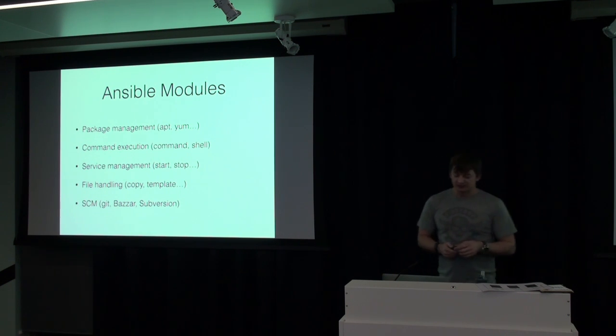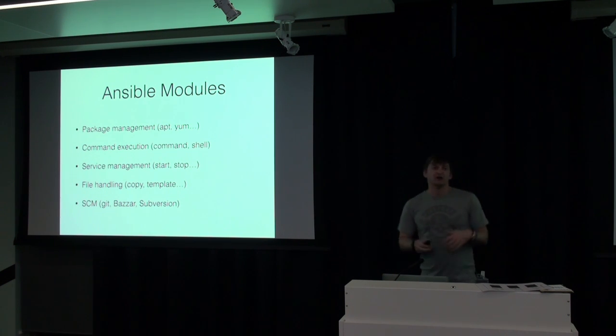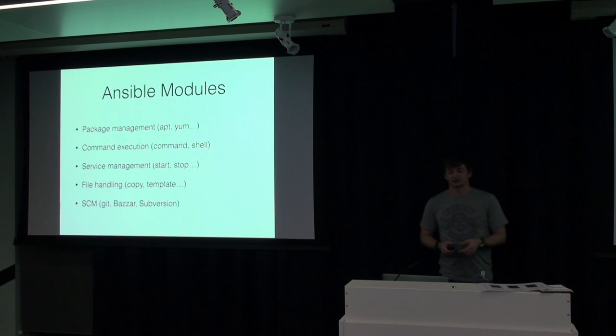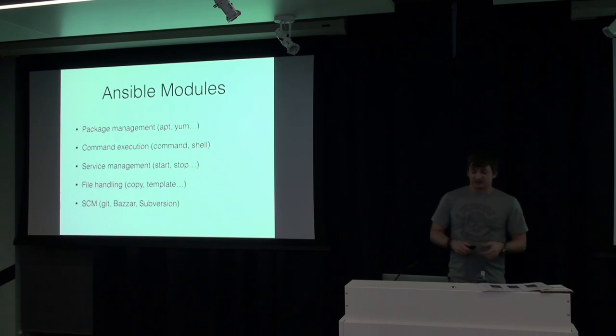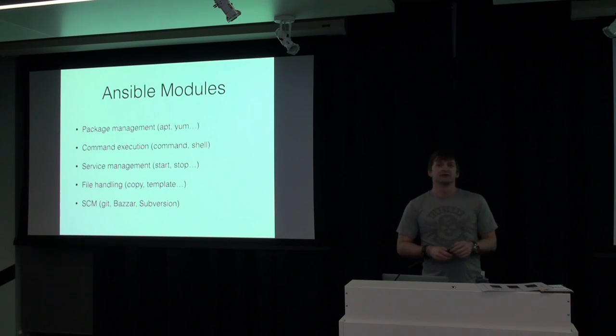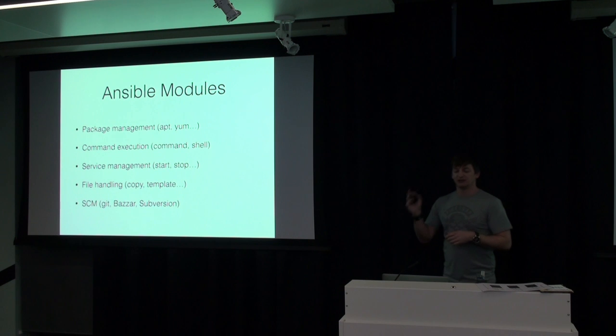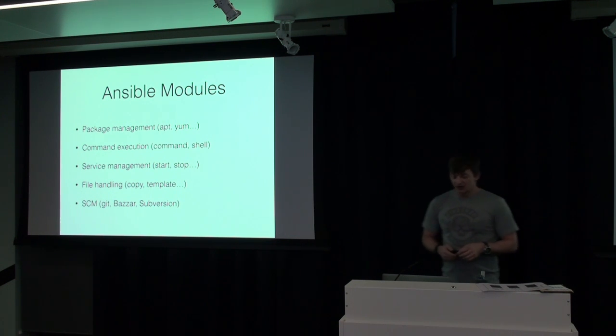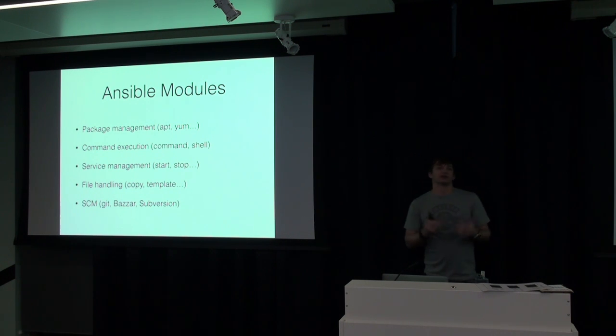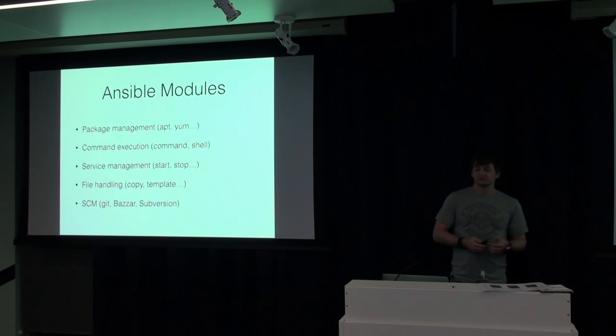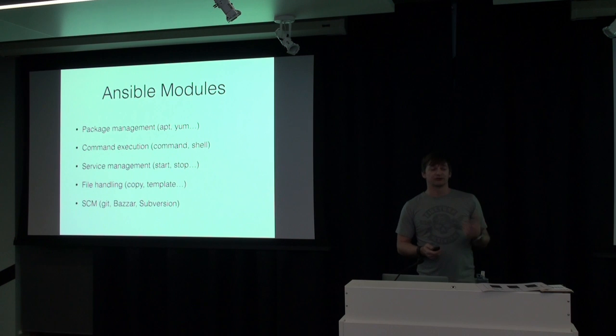Ansible is based on modules, and there are 5 big modules built in with a lot of features. The first, obviously, is package management to install software. It supports apt, yum, and a lot of other package management systems. The second part is simple command execution, so you can run any command or shell command with it. And then, of course, service management.